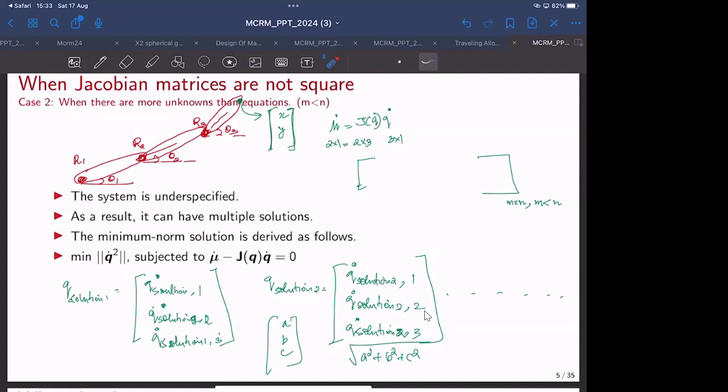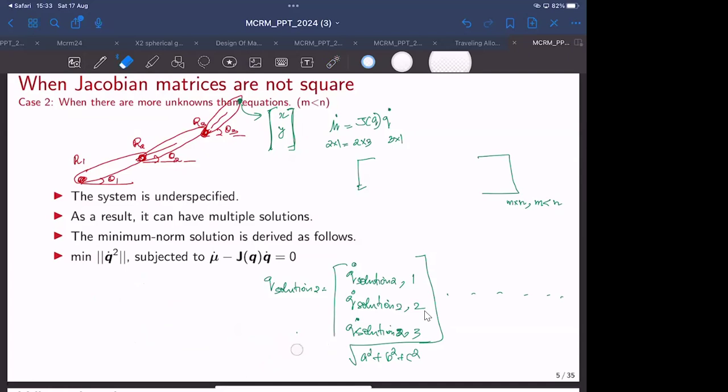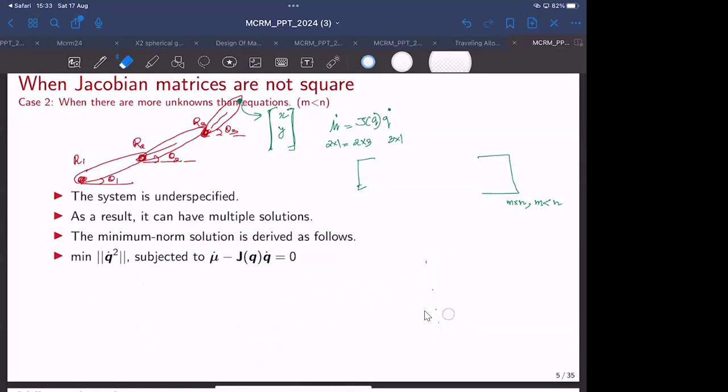right? So now, instead of the least square objective function that you have used earlier, your objective function would be to minimize the norm of the vector q dot subjected to these constraints.